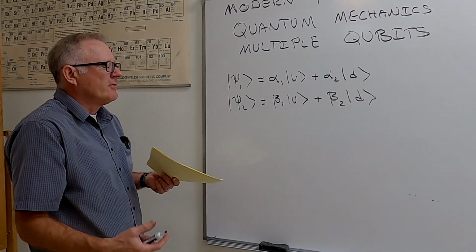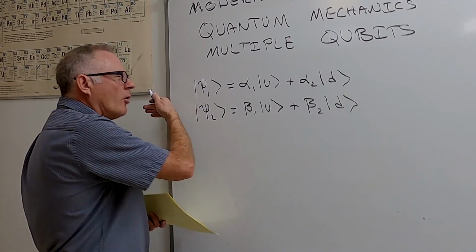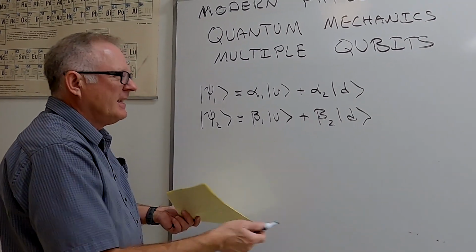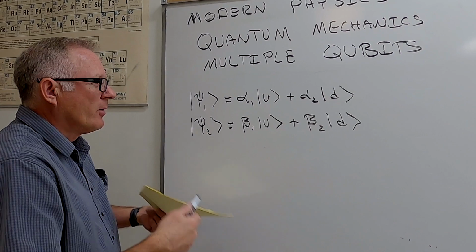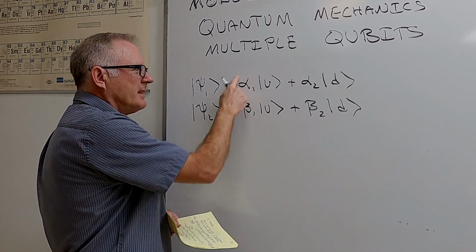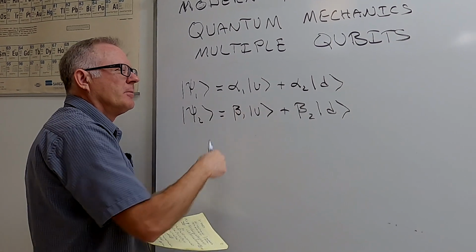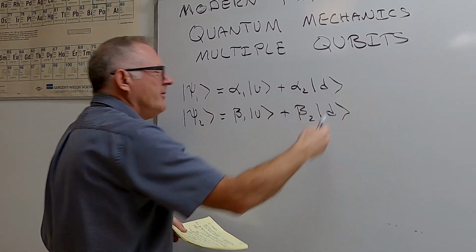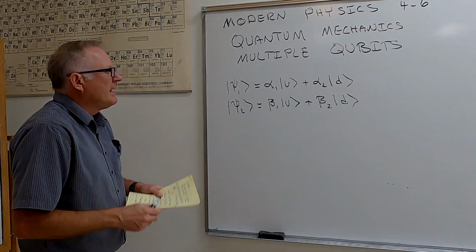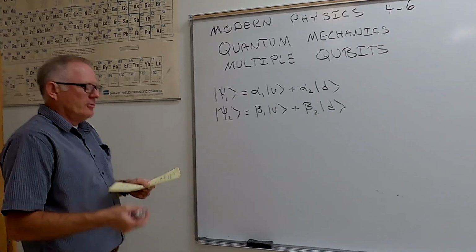The only way you could figure it out is if you had a whole bunch of identical ones and then measured the average probability that you get up, and took the square root of it. But from just this one, you can't get the alphas and the betas. Okay, but now let's say we combine the two together.